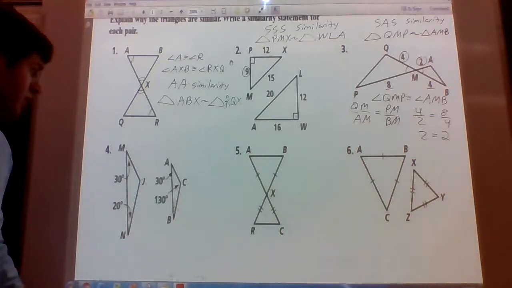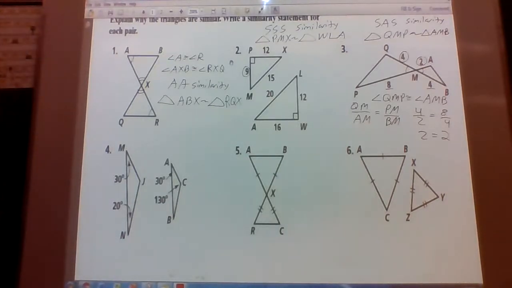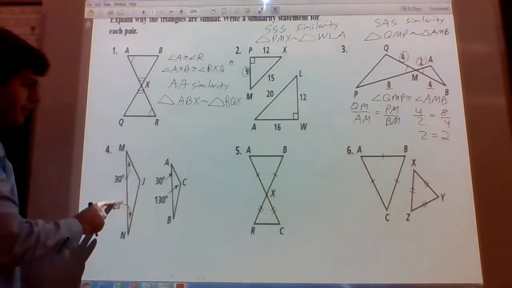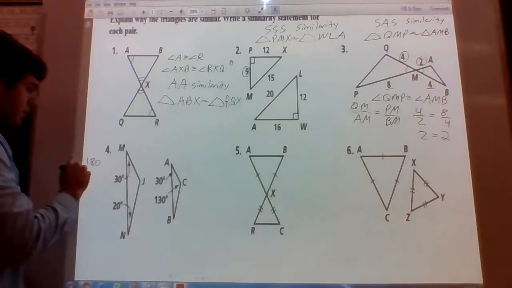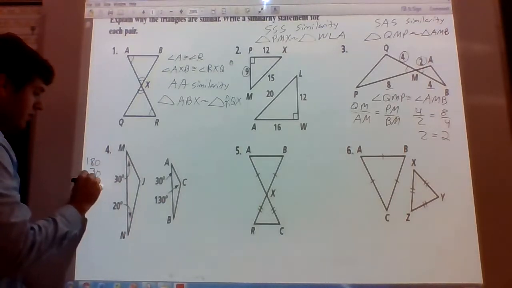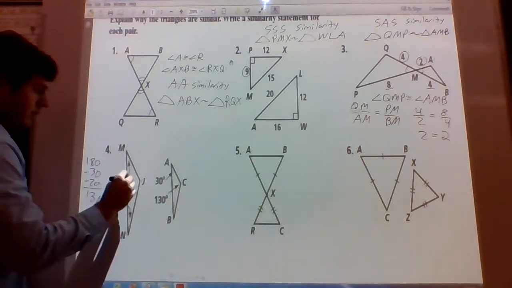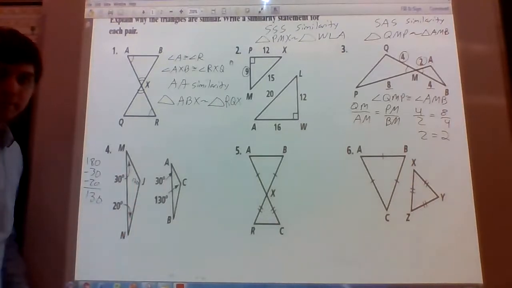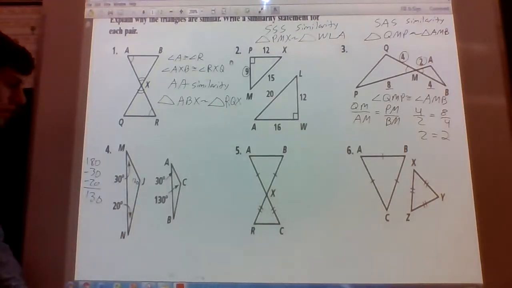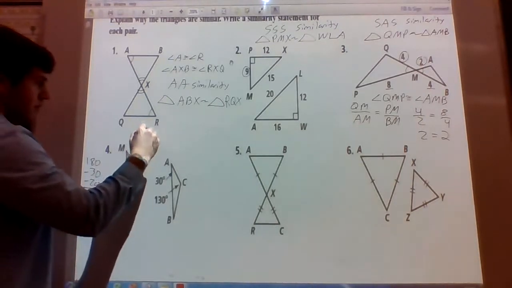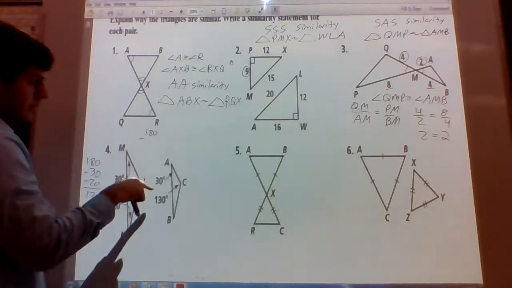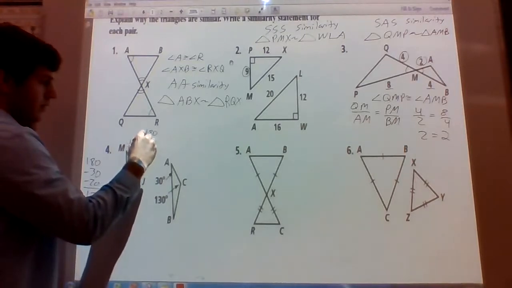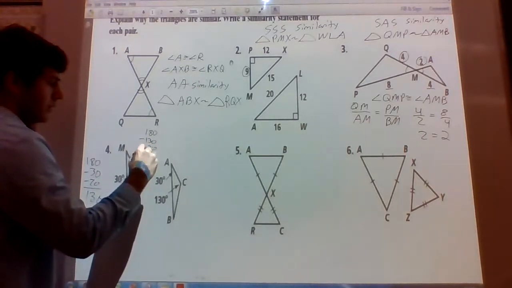Okay, number 4. We can find our missing angles, so they have to all add up to 180. So 180 minus 30 minus 20 is going to give us 130. So we know this is 130. Okay. 180 minus 130 minus 30 is going to give us 20.